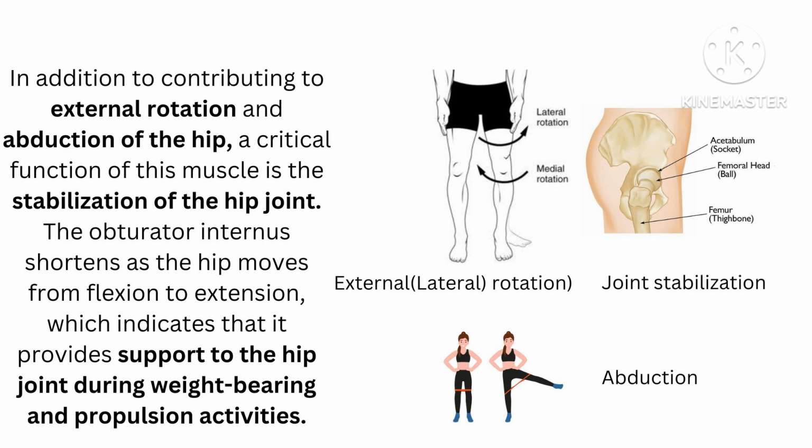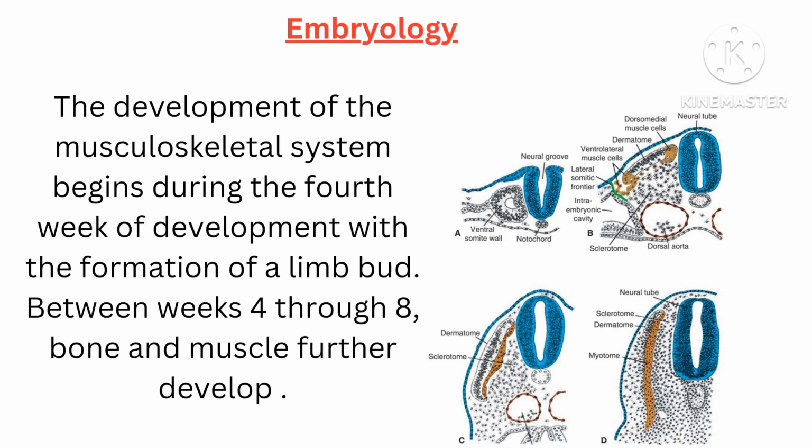Embryology. The development of the musculoskeletal system begins during the 4th week of development with the formation of a limb bud. Between weeks 4 through 8, bone and muscle further develop. Skeletal muscle, in general, is derived from somites, which are transient structures that come from the embryologic paraxial mesoderm.